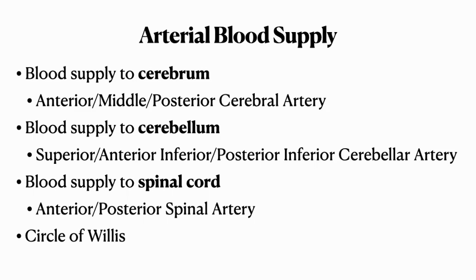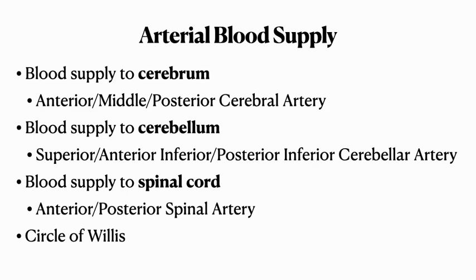Now, let's talk about the blood supply to cerebrum, cerebellum, and spinal cord. The three major arteries that provide blood supply to cerebrum are the anterior cerebral artery, middle cerebral artery, and posterior cerebral artery. The three major arteries that provide blood supply to cerebellum are the superior cerebellar artery, anterior inferior cerebellar artery, also called AICA, and posterior inferior cerebellar artery, also called PICA.